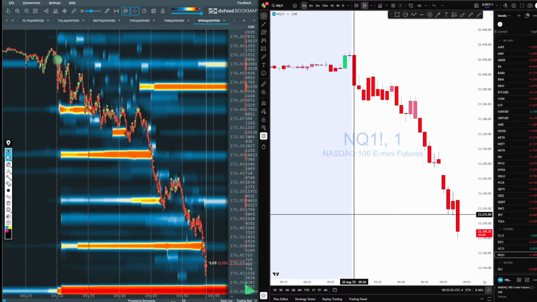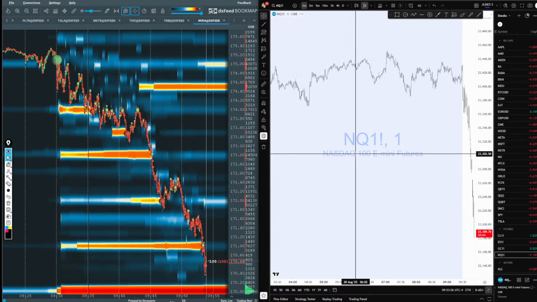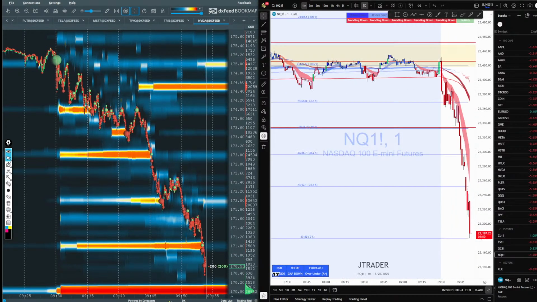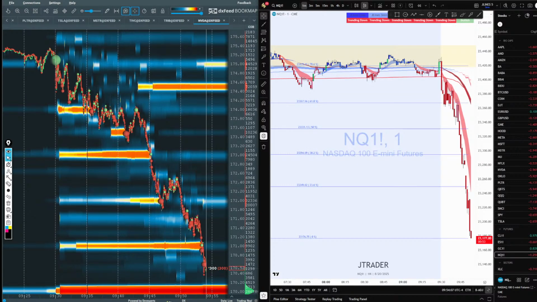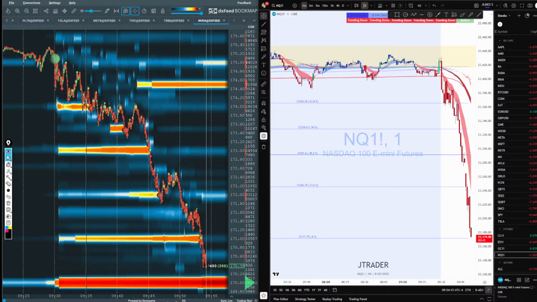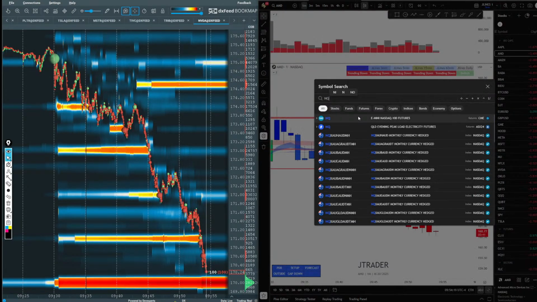My goodness. Look at this NQ. It's down more than 220 points. What a beautiful breakdown. What a beautiful breakdown, guys.